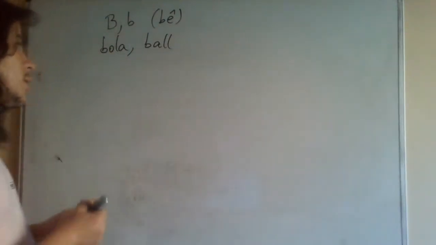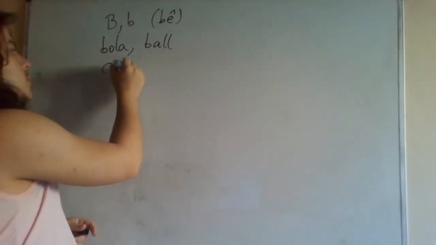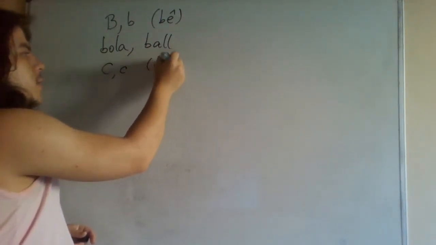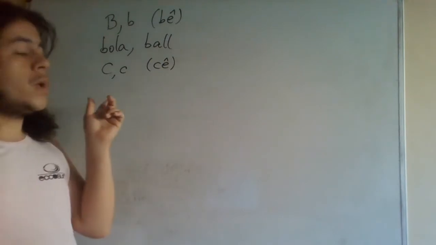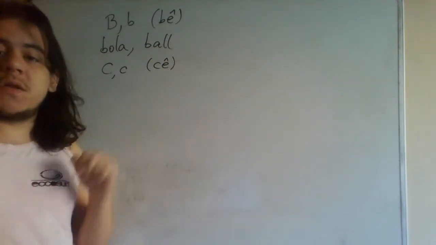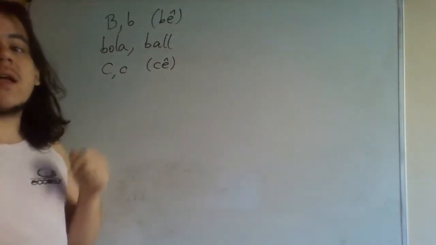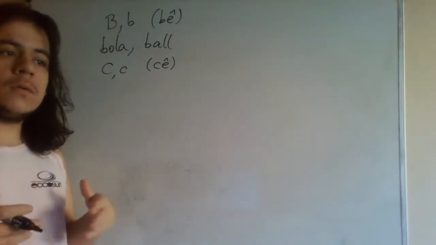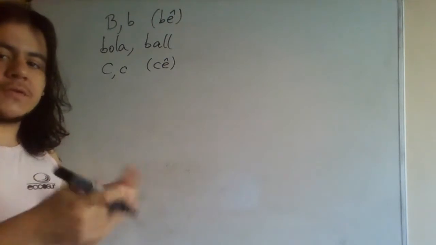Next letter is letter C. In Portuguese, we call it C. Letra C. We have to pay attention to this letter because it can have different sounds depending on the vowel that comes after.